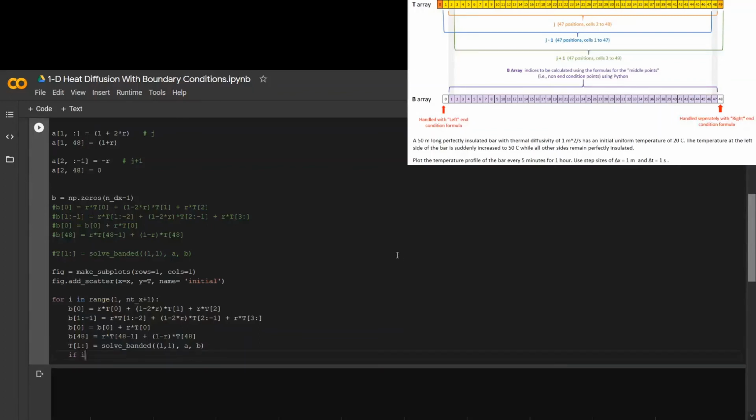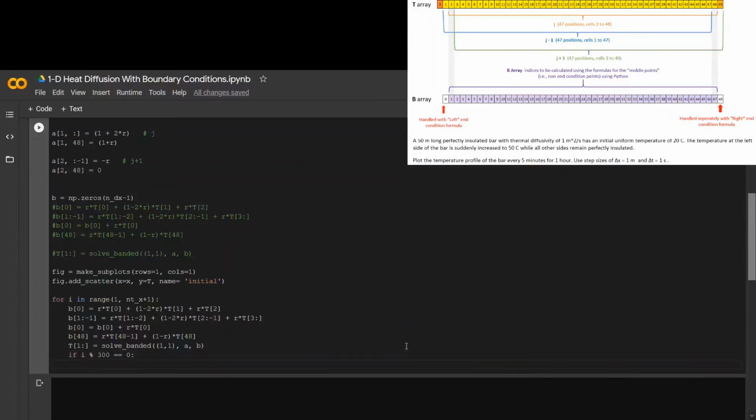So we're going to say our iterative index, our counting variable, modulus, and if we want to do it every 5 minutes, that's 5 times 60 seconds, so that's 300. And we want the remainder of this modulus to be 0, exactly every 5 minutes.